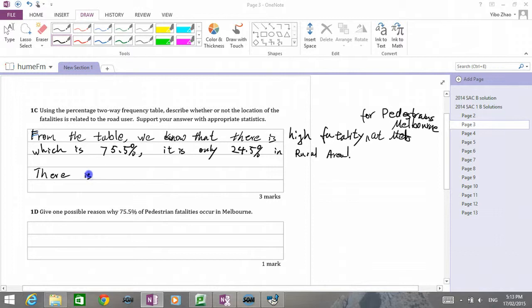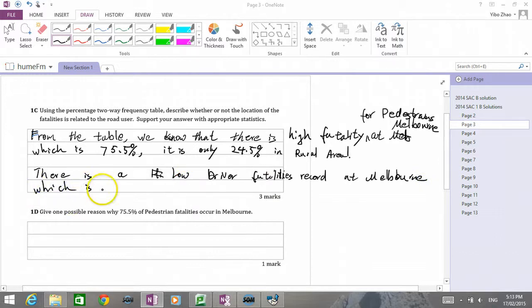there is actually a lower driver fatality record at Melbourne, which is 40.7%.